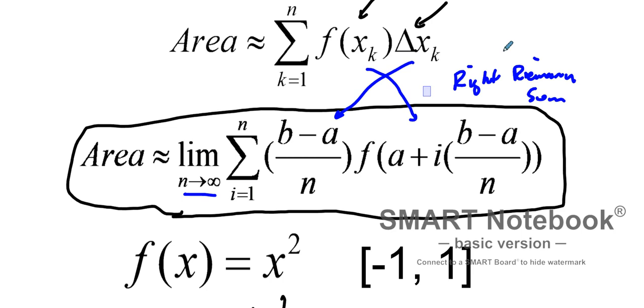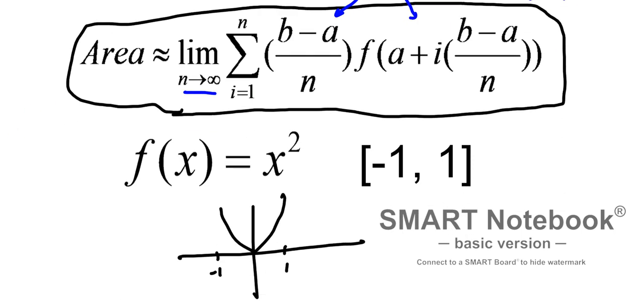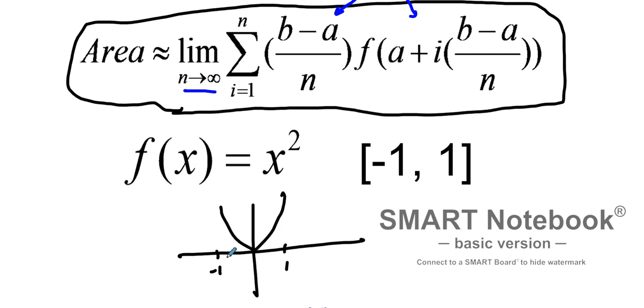Now, remember, a right Riemann sum, if I have this particular example, is where we take our a value, so in this case, -1 would be a, and this would be our b. And what we would do is take this value and add preceding values of delta x away from it.